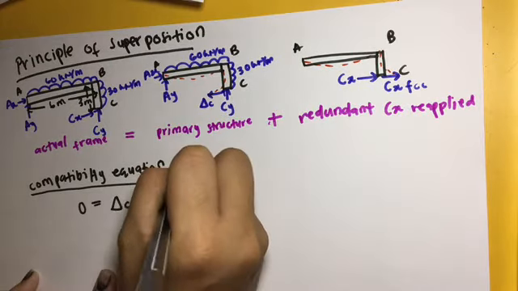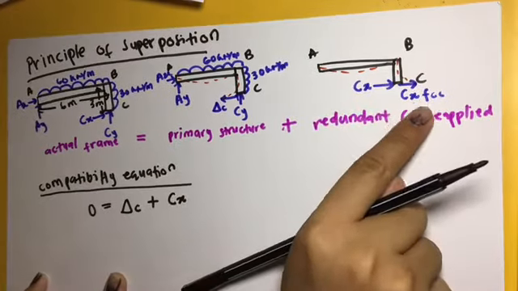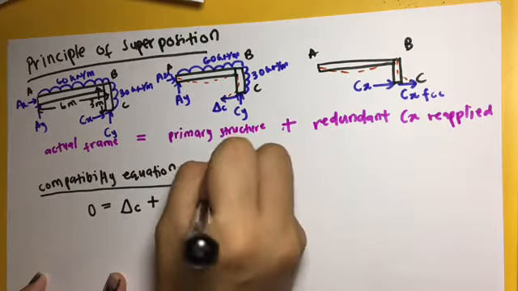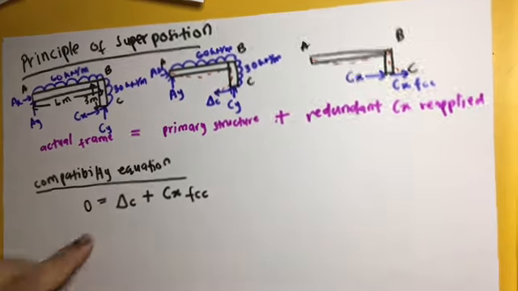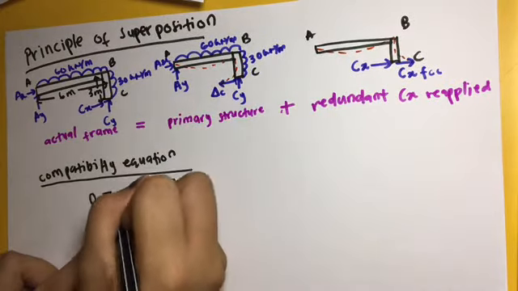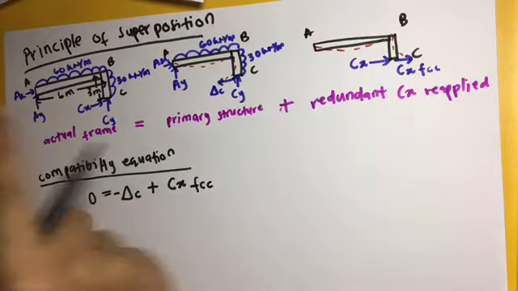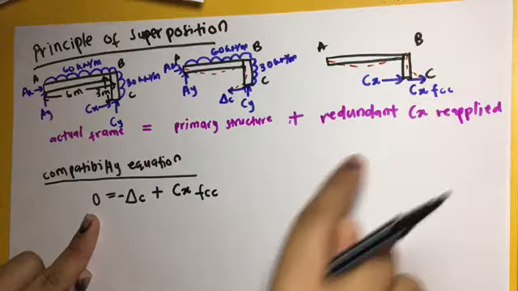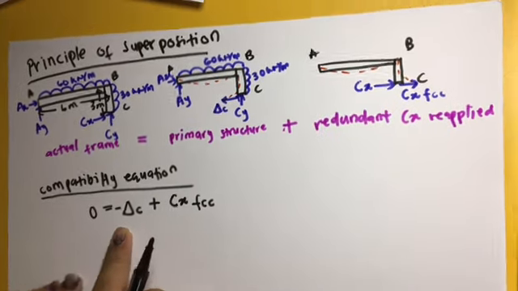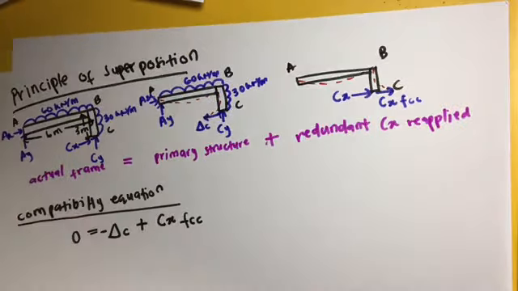So Cx times the unit load. Okay, so here we can see that this is actually a negative because this goes in this direction. So this is negative, this is positive. So hence is why the negative delta C.